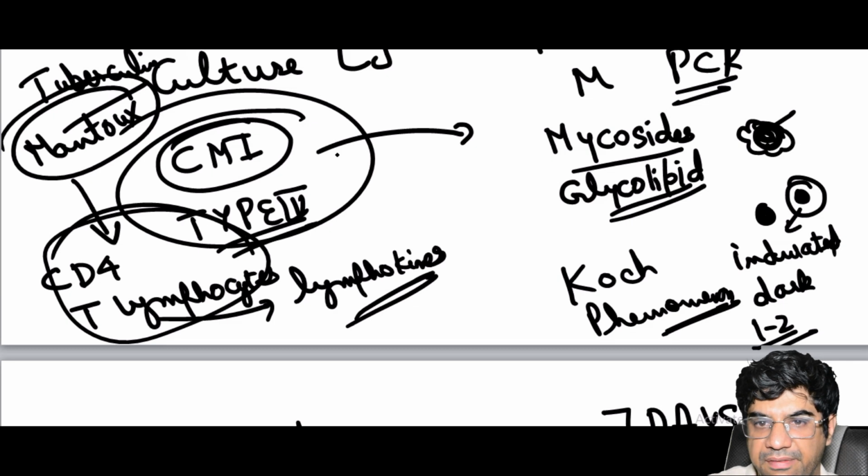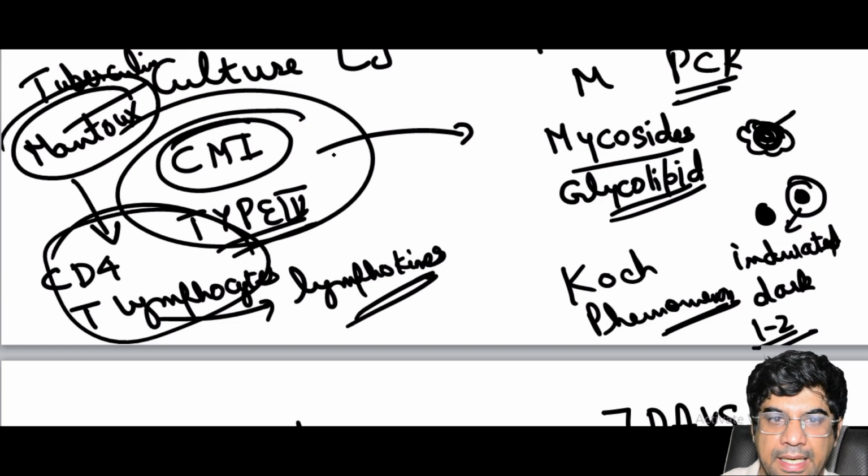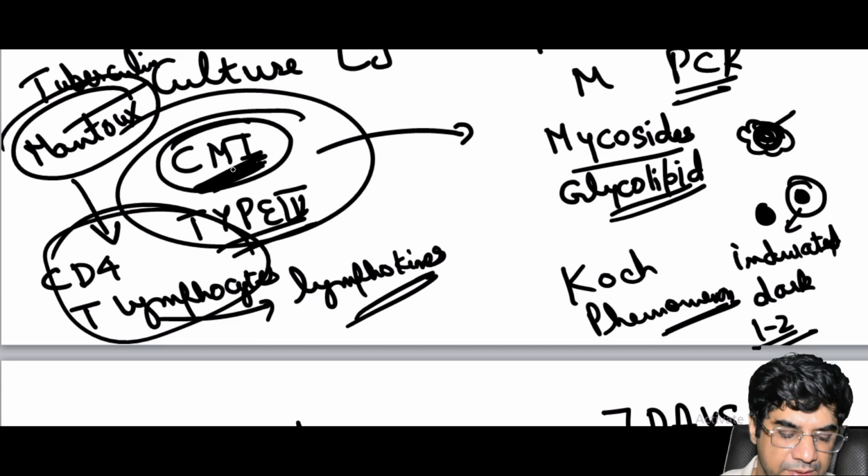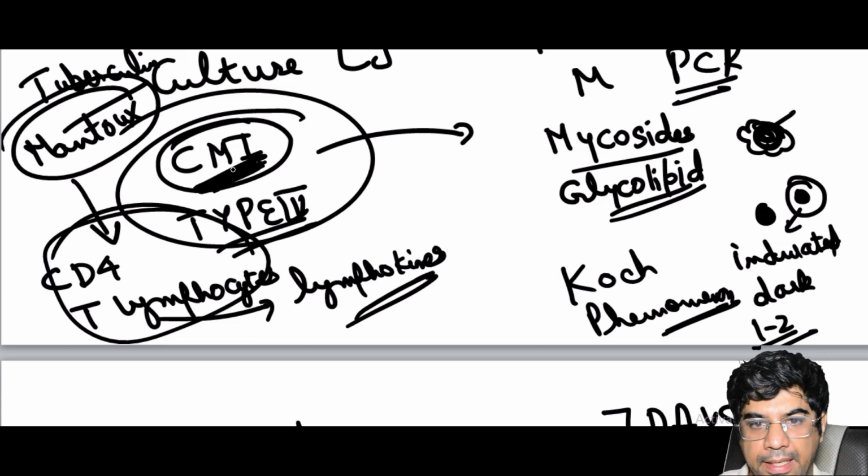A positive test shows an indurated area of more than 15 mm after 72 hours, which indicates cell mediated hypersensitivity to the tuberculous antigen. So what does a positive Mantoux test indicate? It indicates cell mediated hypersensitivity to the tuberculous bacillus antigens.